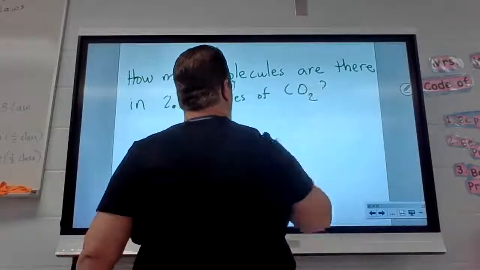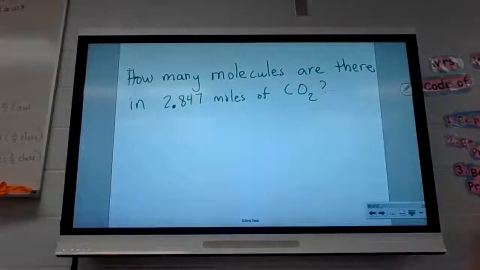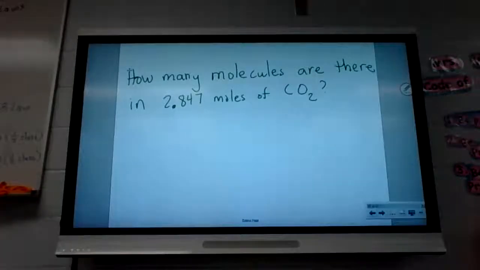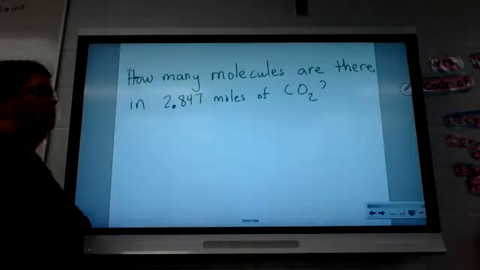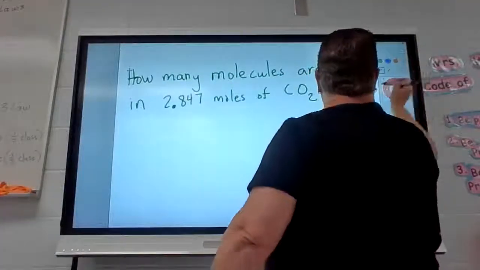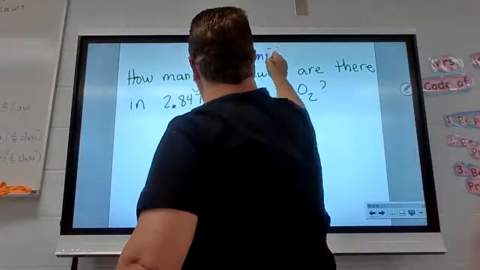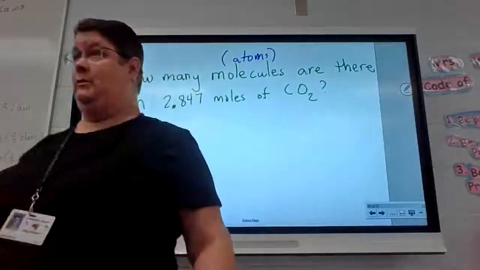I need a covalent compound. Should I write molecules? You've got to write molecules. Now, in your head, you can be thinking that's the same as atoms. There's nothing wrong with that.